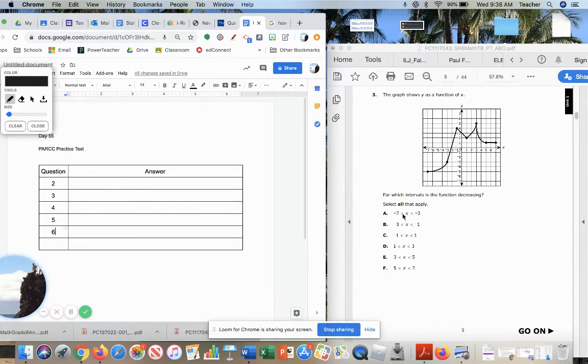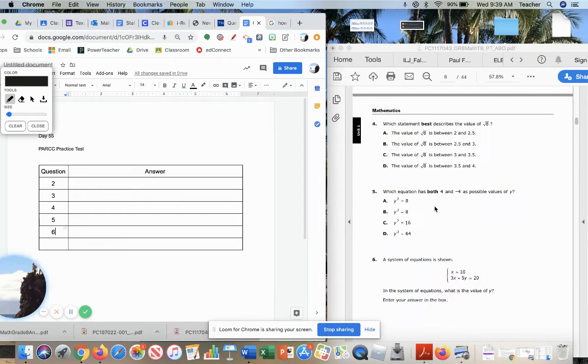That's what this is right here. Is it decreasing? No. How about the next interval from negative 3 to negative 1? Is that decreasing? No. How about from negative 1 to 1? Is that decreasing? Yes, that is decreasing, right? So C is one of them. Go ahead and find the other.